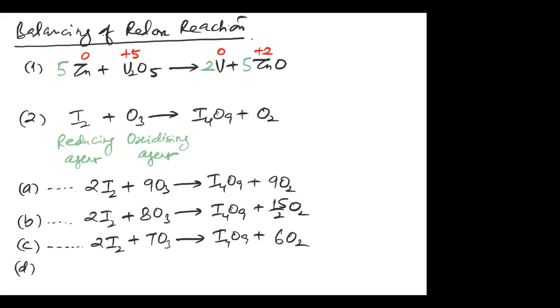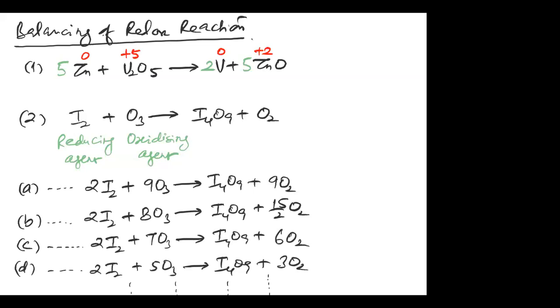Another balancing may be 2I2 plus 5O3 will convert into I4O9. Out of 15, if we subtract 9, it is 6, so you can say it is 3O2 remaining, and so on.